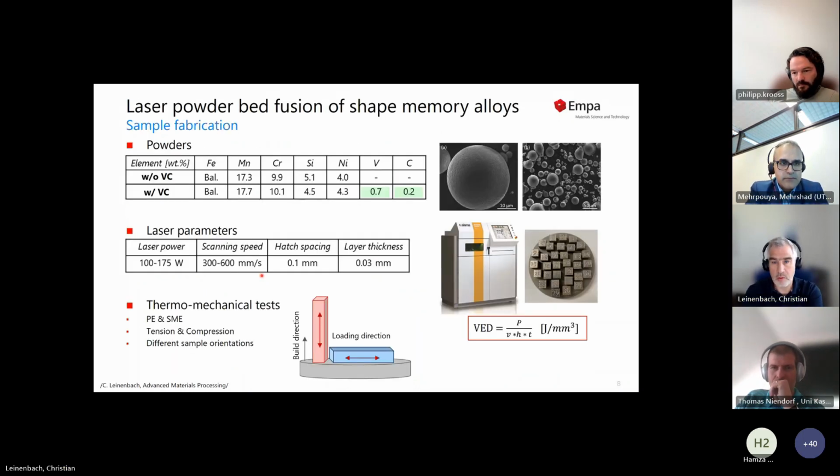So we started to look into the additive manufacturing of the system a bit more than 4.5 years ago. We decided to look into two variants of the alloy.